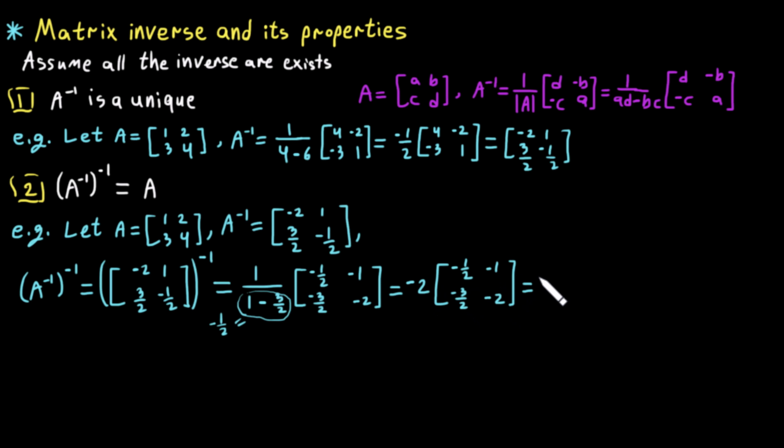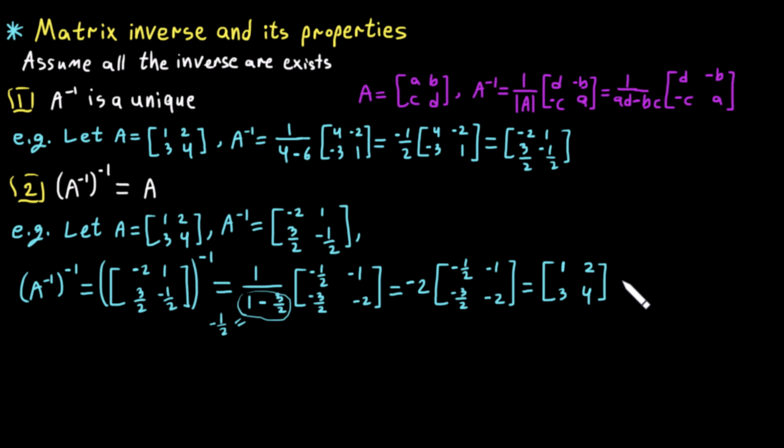Negative with negative, it will be positive. 2 multiplied by half, which is 1. Negative with negative, positive. 2 multiplied by 1, which is 2. Negative with negative, positive. 2 multiply 3/2, which is 3. Negative with negative, it will be positive. 2 multiplied by 2, which is 4.